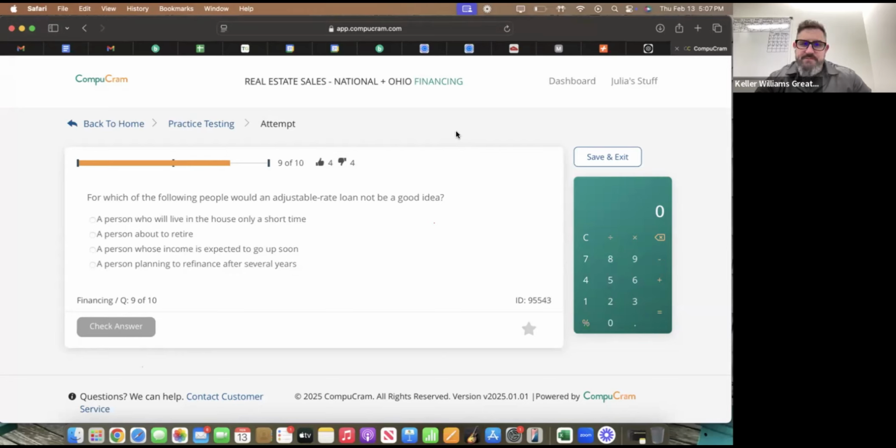Or D, a person planning to refinance after several years. Which of the following people would an adjustable rate mortgage loan not be a good idea for? Deborah says B. Asif says A.